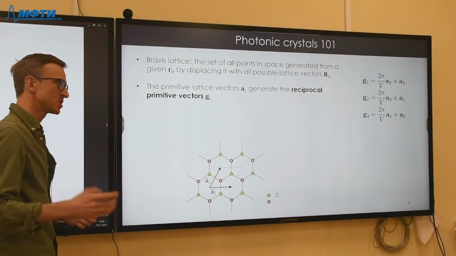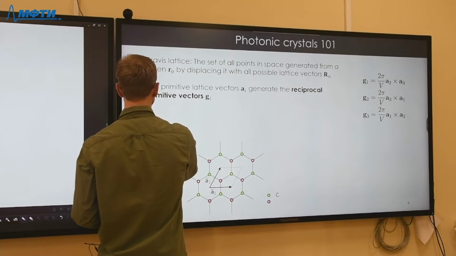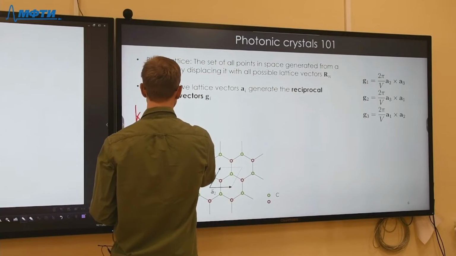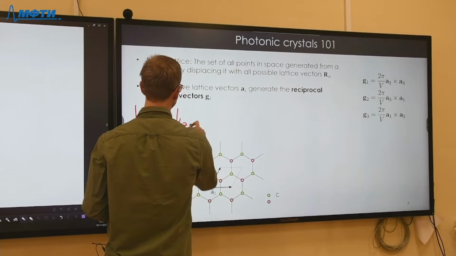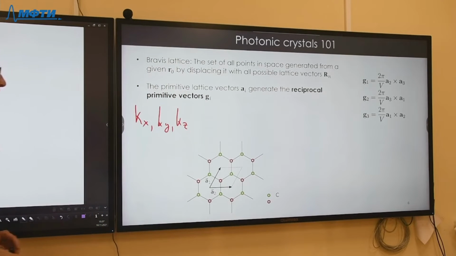This is the space of the wave vectors K: Kx, Ky, Kz. And so we can characterize the system in this space of the wave vectors. This is the same kind of transform as the one we do when we transform from temporal dependencies to frequency dependencies. So these are kind of spatial frequencies.